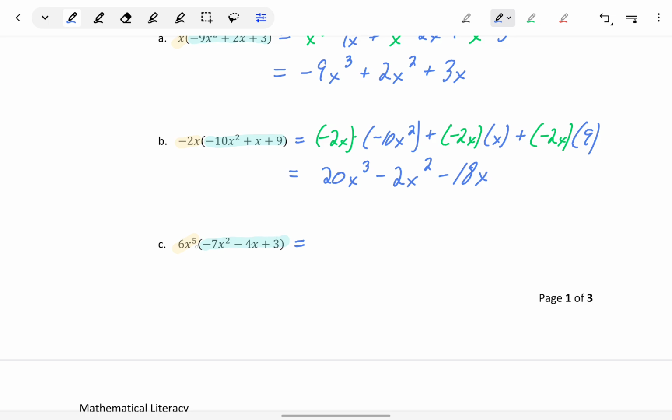But once we get a little more comfortable with this, we can see that this first term would be 6 times negative 7, which would be negative 42. And then we'd have x to the 5th times x squared. So that would become x to the 5 plus 2, or x to the 7th power. Then we would take 6 times negative 4 to get negative 24.